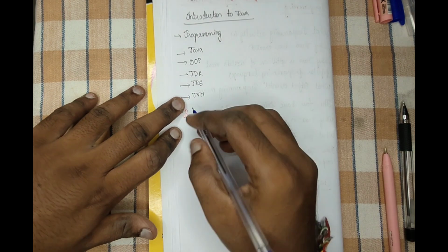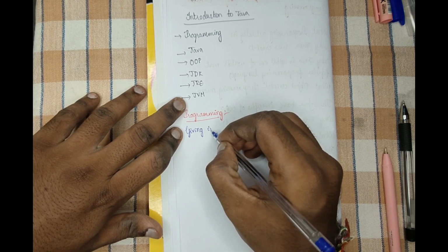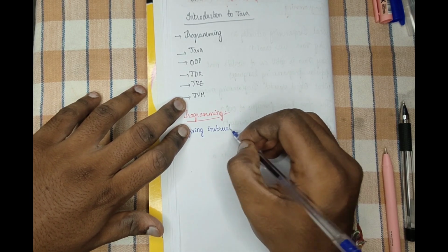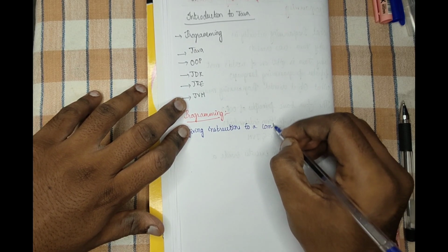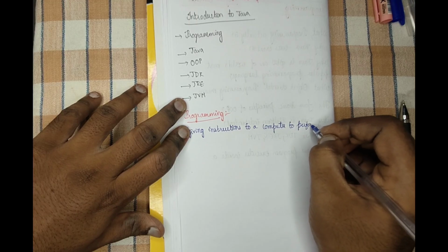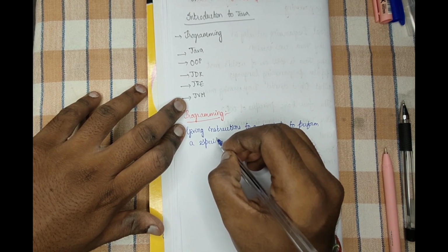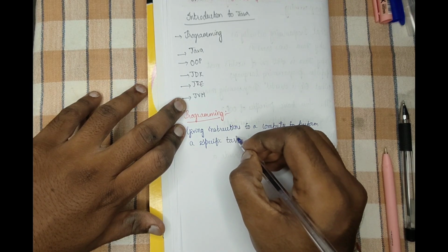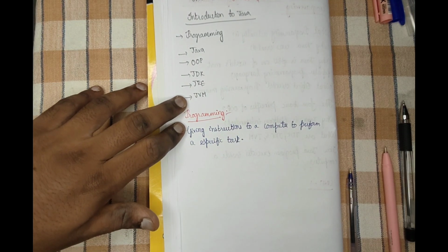So we can say that it is giving instructions to a computer to perform a specific task. That's it. Programming is nothing but communicating with the computer.